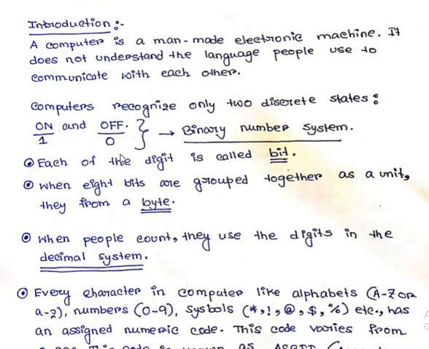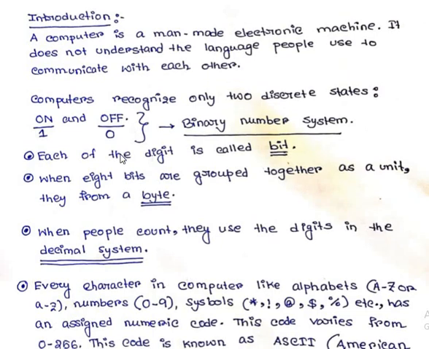Say an example we can take is 403. It is a combination of 4, 0 and 3 which forms 403. That only we understand, but our computer does not understand these things. Our computer only understands 0 and 1, what we have just discussed. Now 0 represents off and 1 represents on.